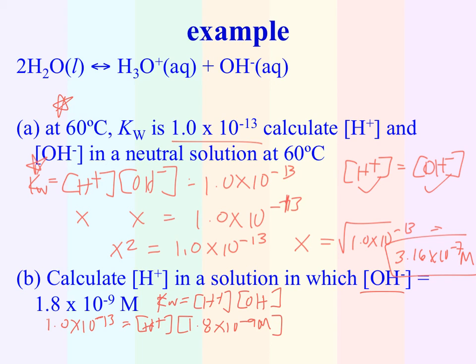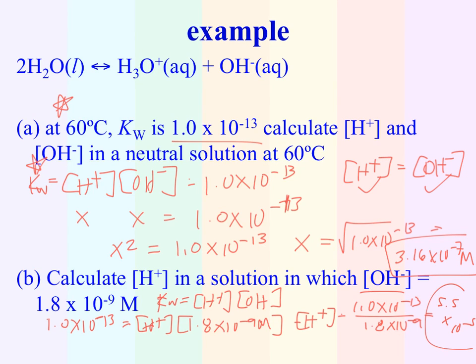So we go ahead and divide out our 1.8 times 10 to the negative 9 molar from both sides. Our H plus is going to equal 1.0 times 10 to the negative 13th divided by 1.8 times 10 to the negative 9th. This is going to give us 5.5 times 10 to the negative 5th, and that's going to be our concentration of H plus.